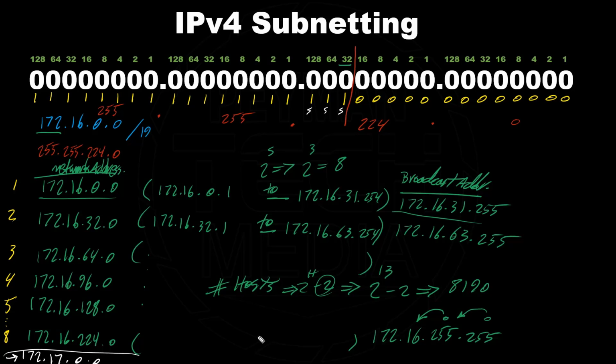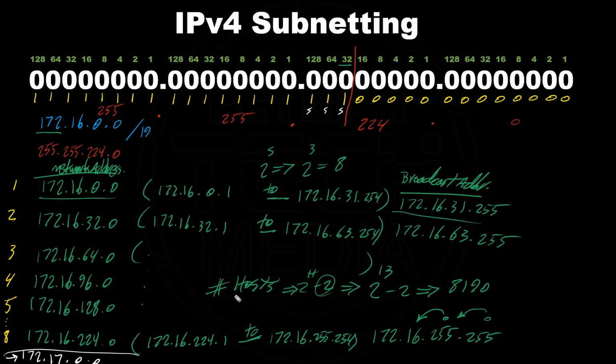So now if we go through the range, the first usable is 172.16.224.1, and it goes to 172.16.255.254. And again, this range should be 8,190 available IP addresses as well.